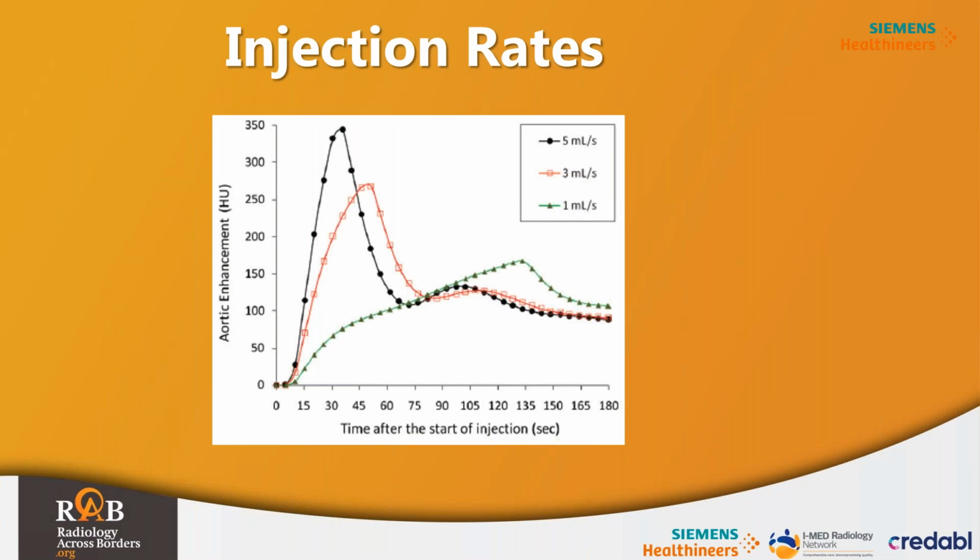It just slowly infuses into the body and into the organs. As we then increase the rate of injection, we start getting some real enhancement in the aorta. We can also see the secondary hump of each of the contrast lines, in which the contrast is starting to be recirculated through the body.